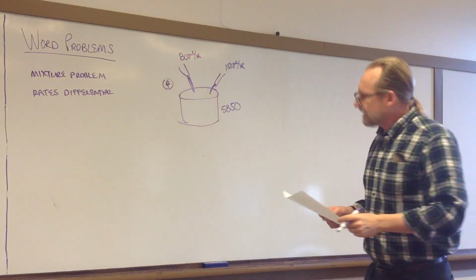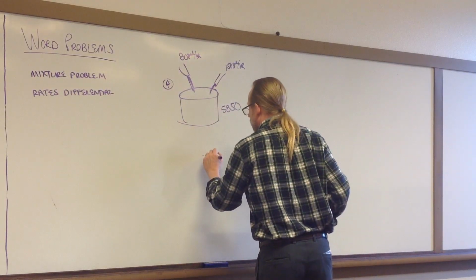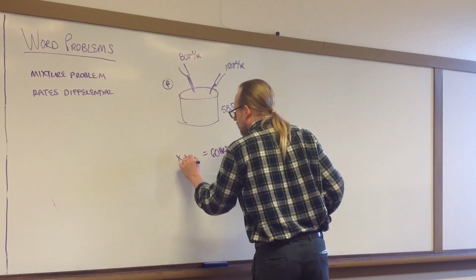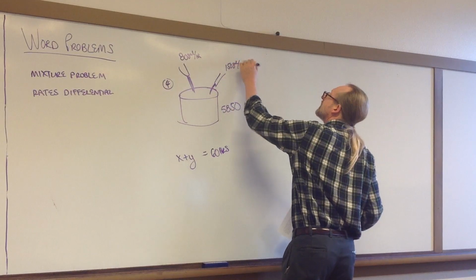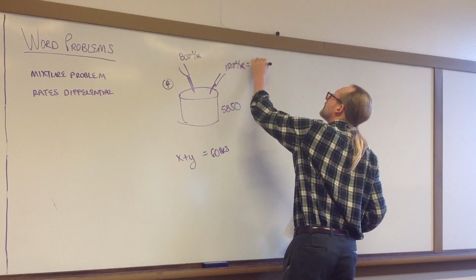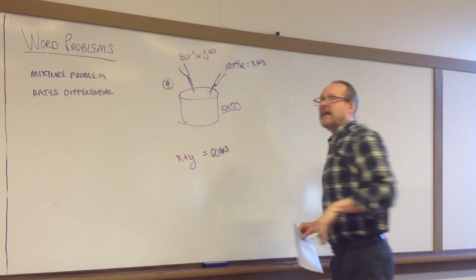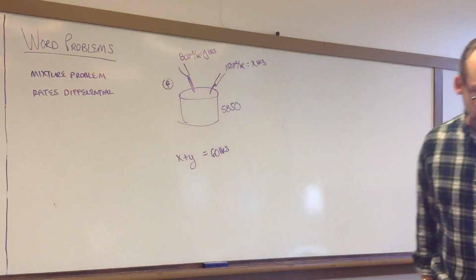The sum of the running times is 60 hours. So, we know that x plus y has to be 60, right? If this one runs for x hours, this one runs for y hours, x plus y has to be 60.